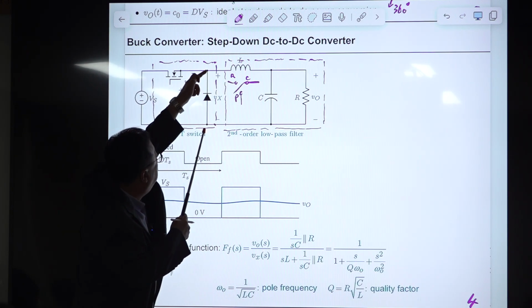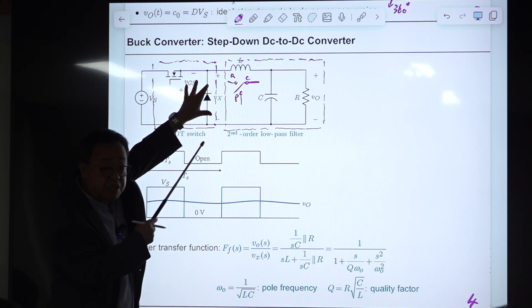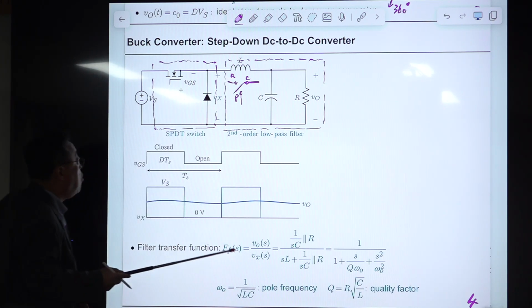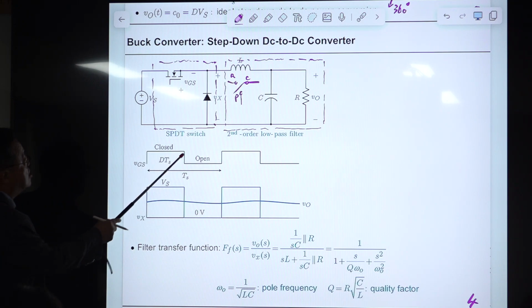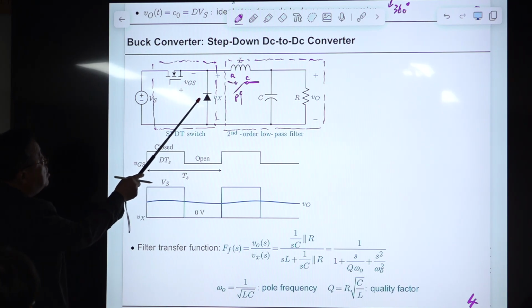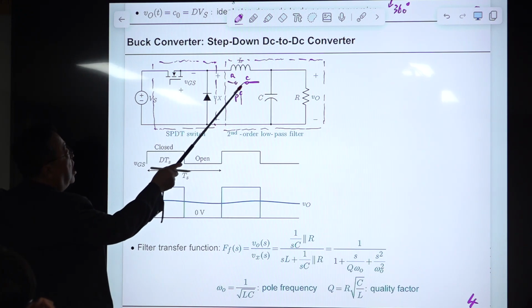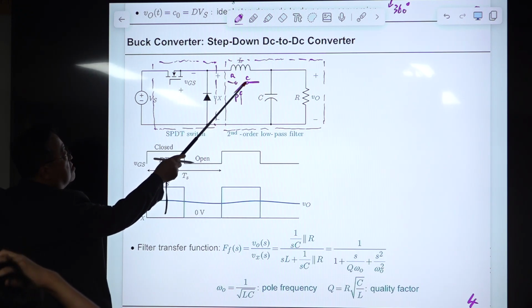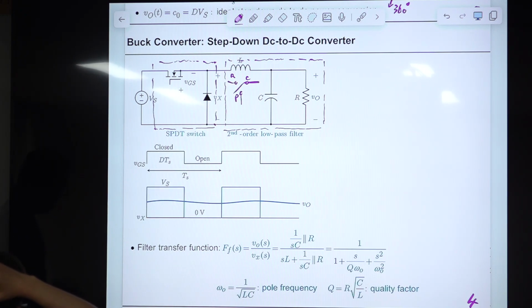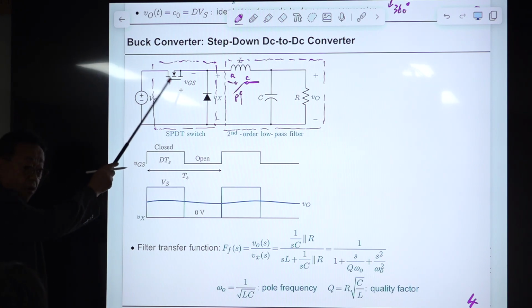Then this voltage will reverse bias this diode, and it is turned off. Okay, so during this period, this switch is connected, this is open. That is exactly the same as this pole being connected to this A pole. Same situation.